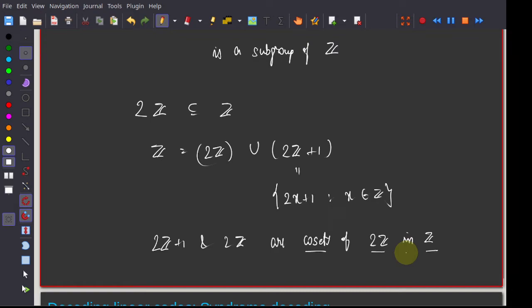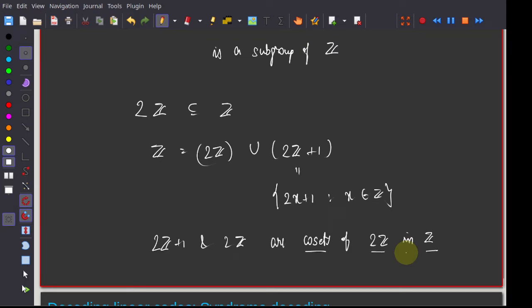It's a fact that if I give you any group and some subgroup of this group, then you can write the group as a union of disjoint sets. In fact, a union of disjoint cosets.